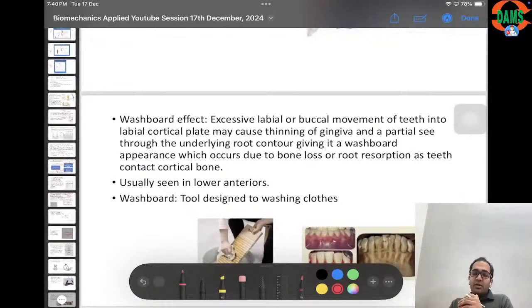And lastly is the washboard effect. The washboard effect is seen mostly in the lower anteriors. It is due to excessive labial or buccal movement of teeth into the cortical plates.